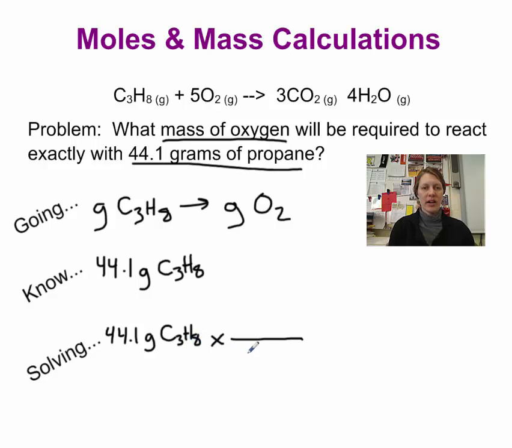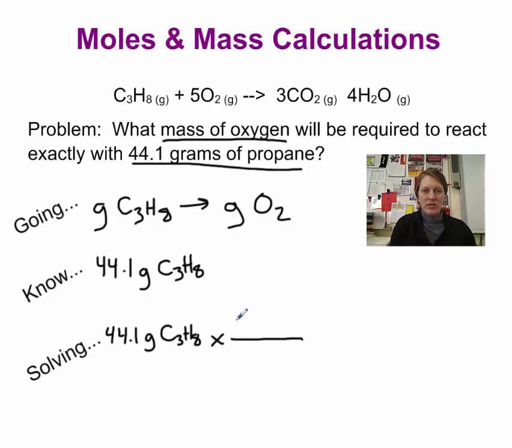So to start with, I'm going to calculate the molar mass of propane. In order to do that, I'm going to look on the periodic table, and I would find that hydrogen has 1.008 grams per mole, and carbon has 12.011 grams per mole.